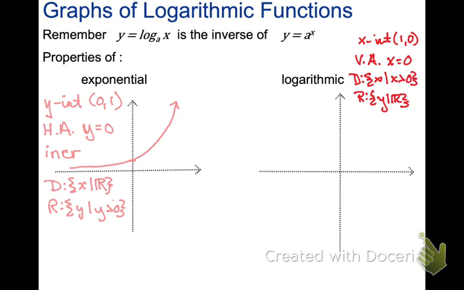Because we know that inverses reflect across that line, don't we? So our x-intercept is 1, 0.